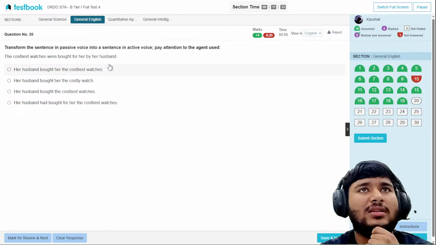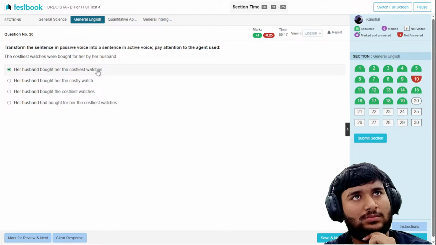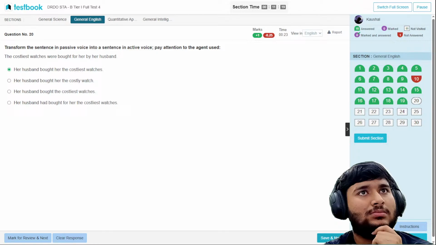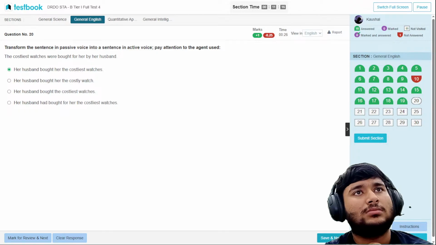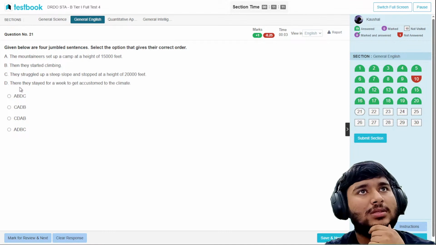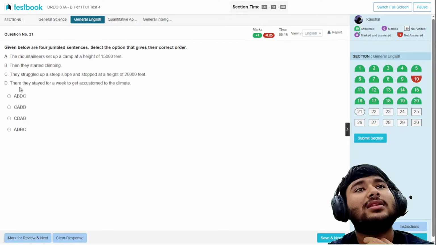Her husband bought her the costliest watch. The mountaineers set up a camp at a height of 15,000 feet. There they stayed for a week to get accustomed to the climate. Then they started climbing.